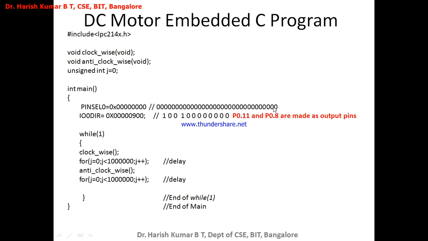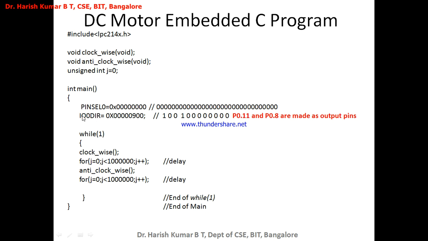So like this, you have 32 bits and the port pins P0.0 to P0.15, totally 16 pins. 2 bits are required to make each port pin operate in general purpose input output mode. What this statement is doing is making all the port pins P0.0 to P0.15 operate in the general purpose input or output mode.